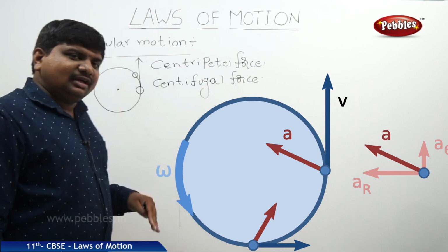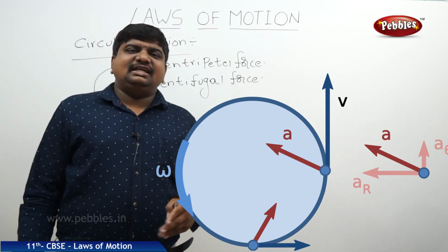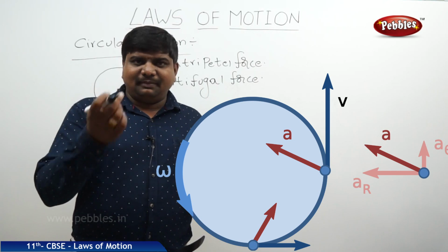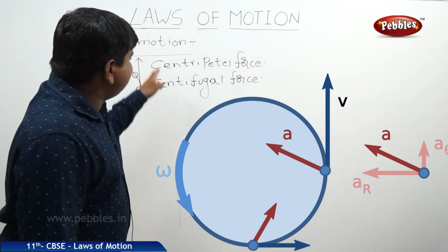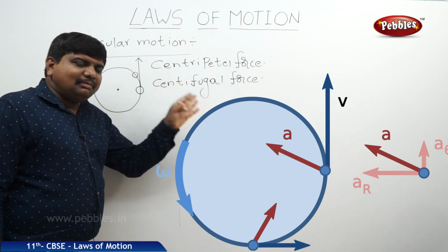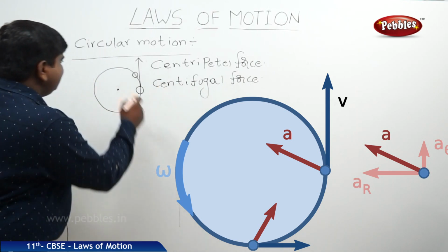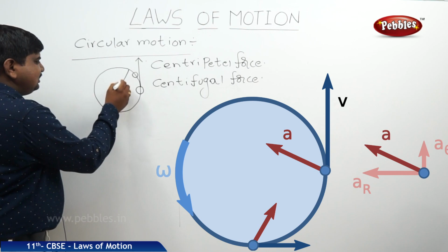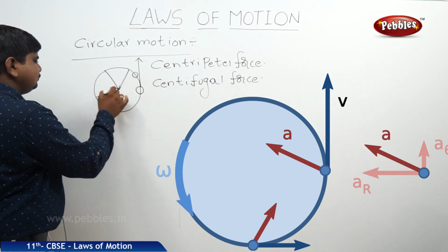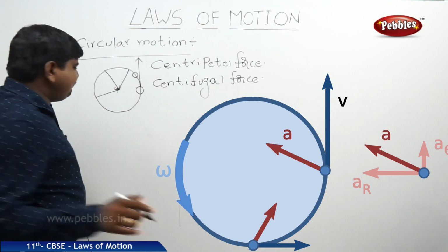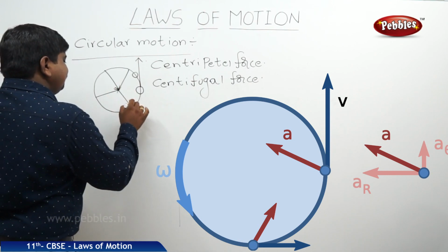What is centrifugal force? A force coming out of a common point in all directions of a circular path. These two forces are the same in magnitude but opposite in direction. If the arrow marks are towards the center, it is centripetal force. If the arrow marks are away from the center, it is centrifugal force.